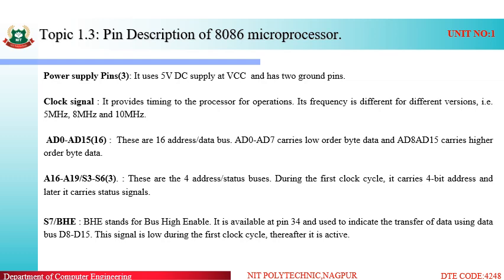Next pin is S7 oblique BHE. Now BHE is an active low signal. Now here we should know the difference between the active low signal and active high signal.